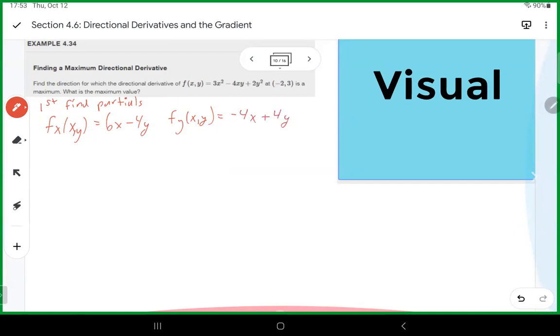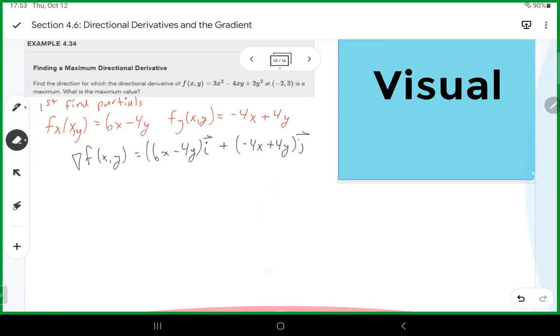Okay, so from there, then we find, if you guys need the steps in between, feel free to write them. I'm just trying to fit more stuff on the slides. All right, so now we want to find this at the point -2, 3.